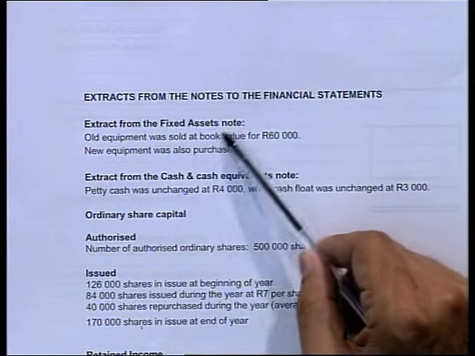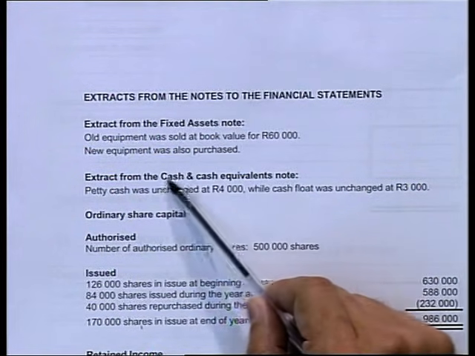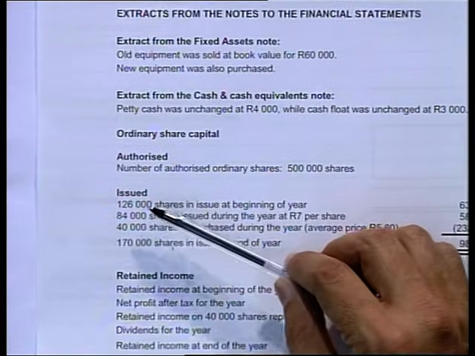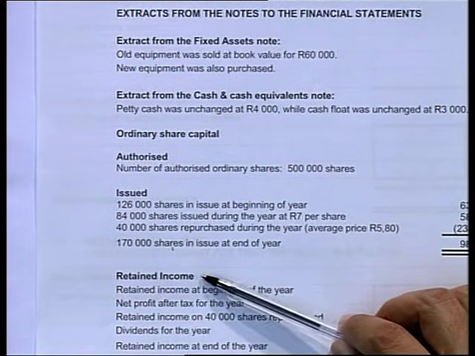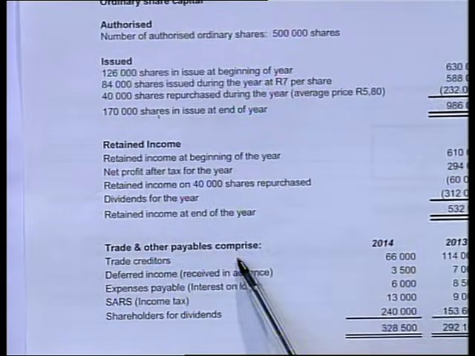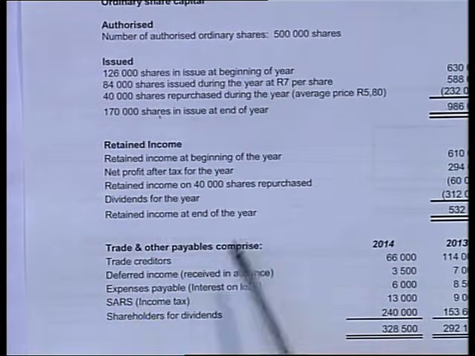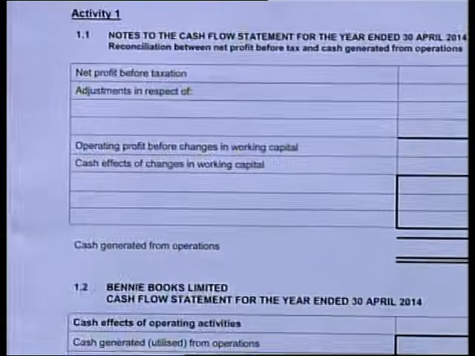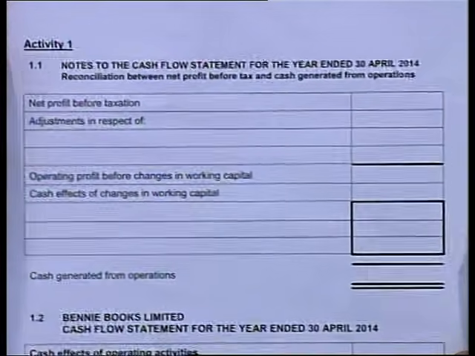There's a note on the fixed assets, a note for cash and cash equivalents, and a note for ordinary share capital, the issued, the retained income, and very important, a note for trade and other payables. Why do they give us this? So that eventually we can draw up the cash flow statement on the answer sheet provided.